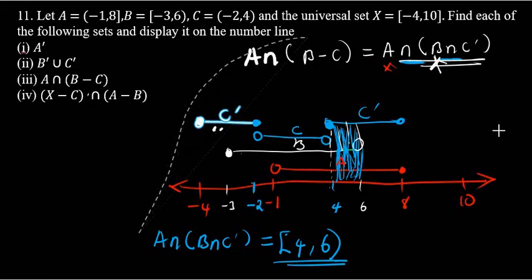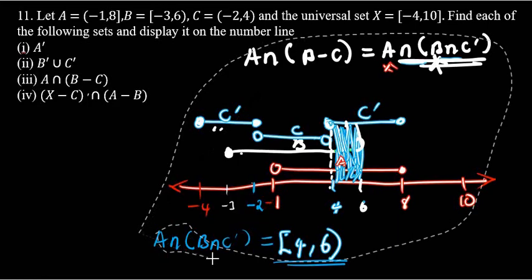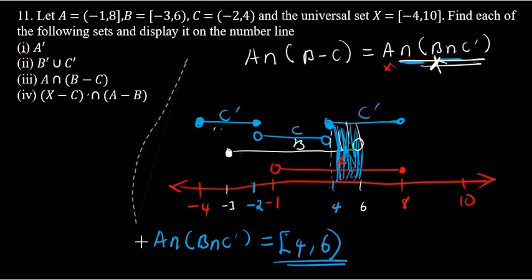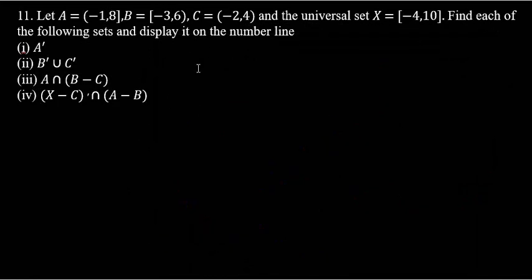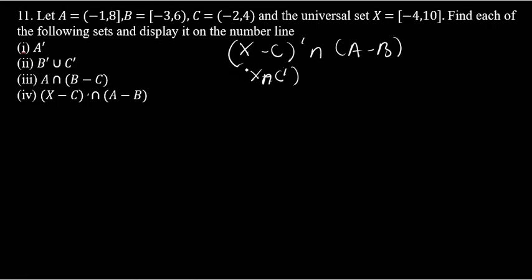Now let's do the last one. On the last one, we have (X minus C) complement intersection (A minus B), like that, right? So let's simplify this. X minus C is X intersection C complement, then the complement outside, A intersection B complement.